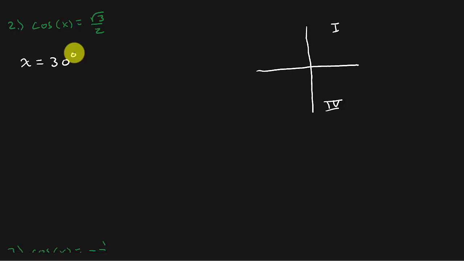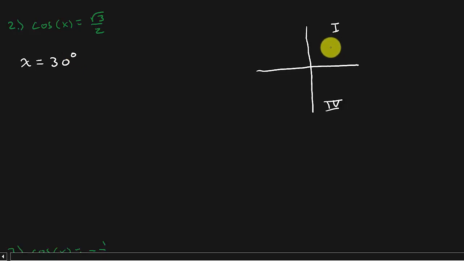All right, so there's our solution. There's one solution. That's our first quadrant solution. And it also happens to be the reference angle. So now we need to get our fourth quadrant solution, right? x is over here in the fourth quadrant. There's x. Now how do we get that? We get it by using our reference angle.